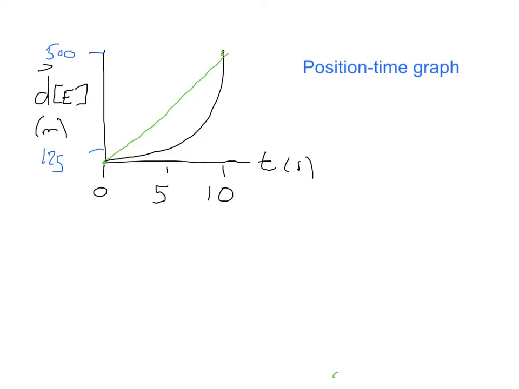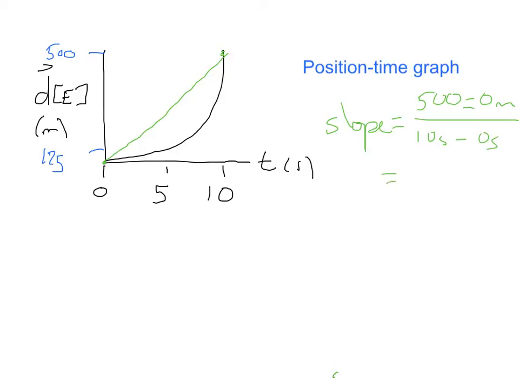So if I use the values and find the slope of this green line that I just drew, the secant on this displacement time graph, the slope is equivalent to rise over run, or 500 meters minus 0 meters, everything in meters, over the run, which is 10 seconds minus 0 seconds.